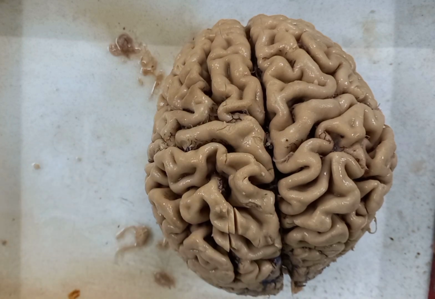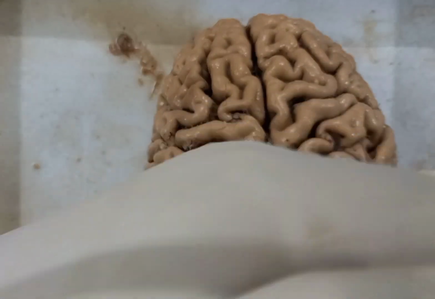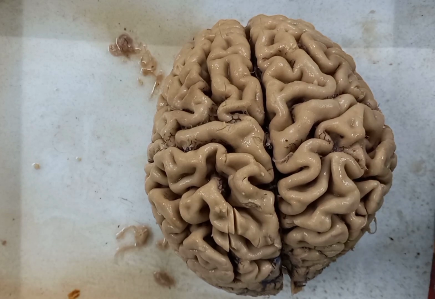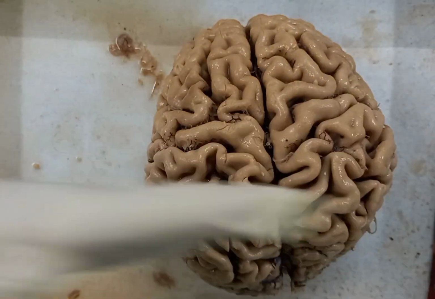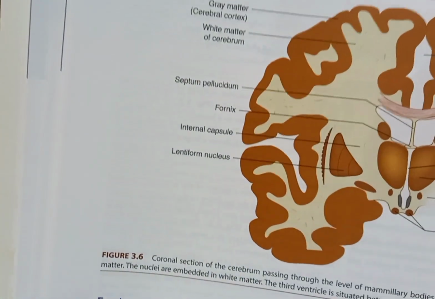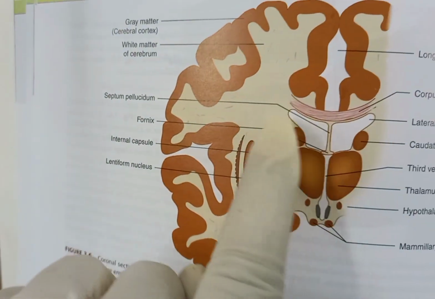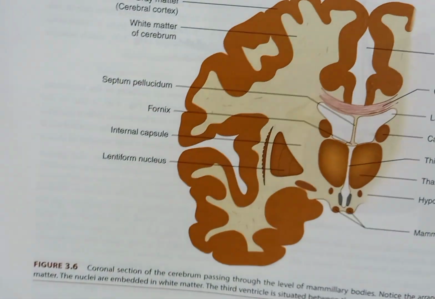With the help of a diagram, I will show you now a coronal section of this cerebrum, where you can see the white matter, which you are not able to see here, and then you will also be able to see the nuclei. See, this is a very simple line diagram, after the coronal section of the cerebrum. You can see that the longitudinal fissure is here, at the bottom of which is the corpus callosum.